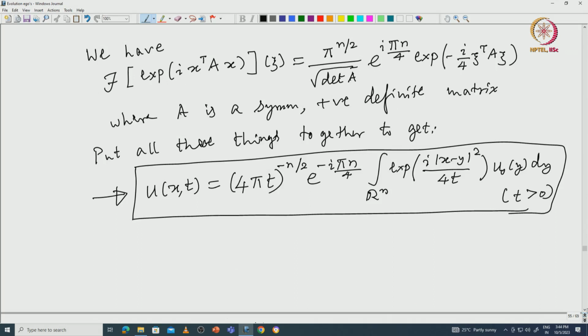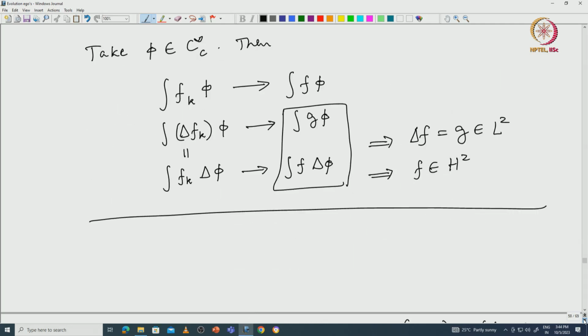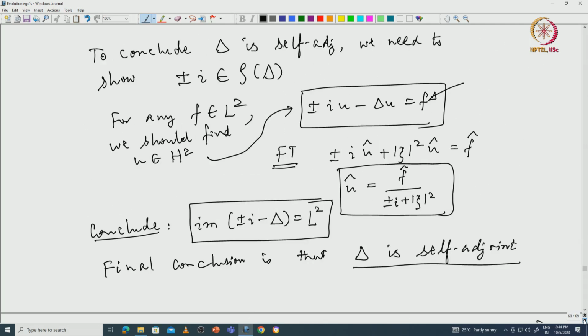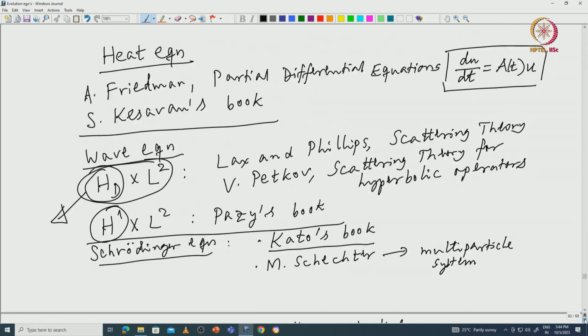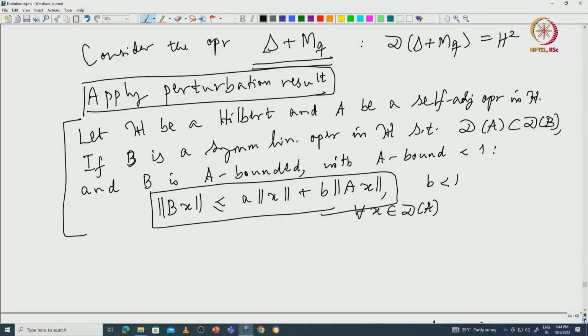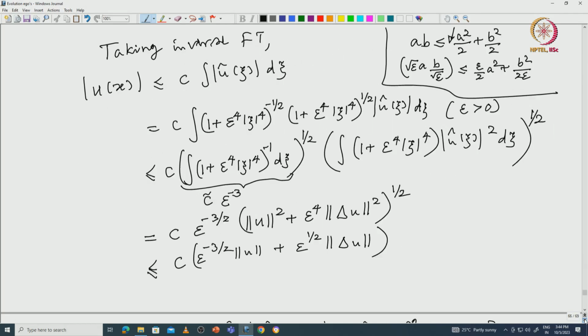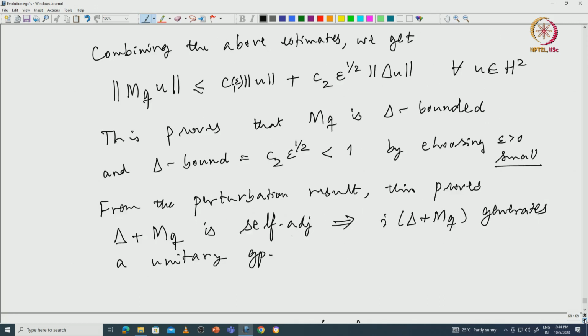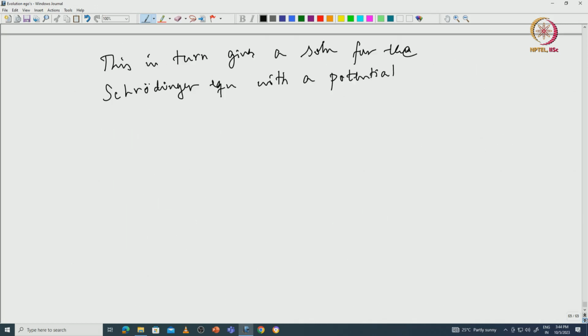This we do not have here, but what I understand, and that is what Richard Feynman tried to write, a famous formula. But you should check that even for the potential. So this solution, what we call the Feynman-Kac formula. Okay, so I am not sure, but you should check that.